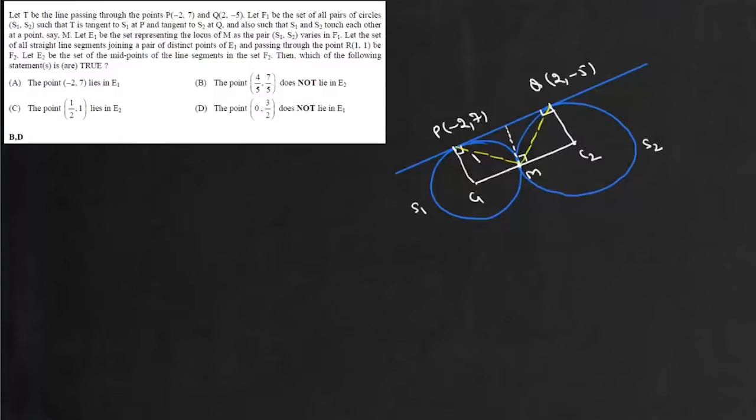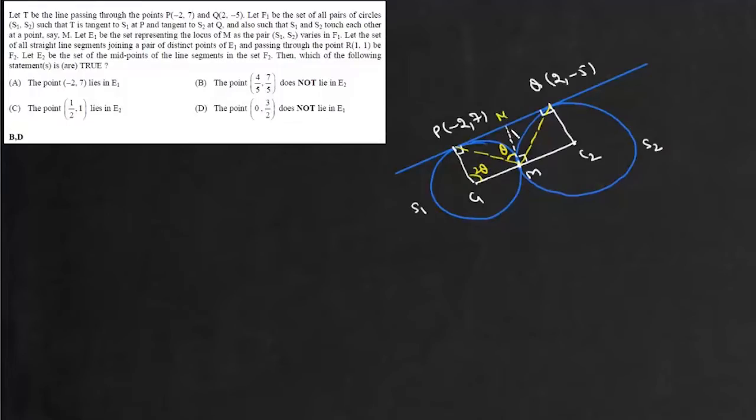And we have joined P with M and Q with M. Now let this angle be theta. Then this angle here will be theta. Then the angle at the center will be 2 theta.